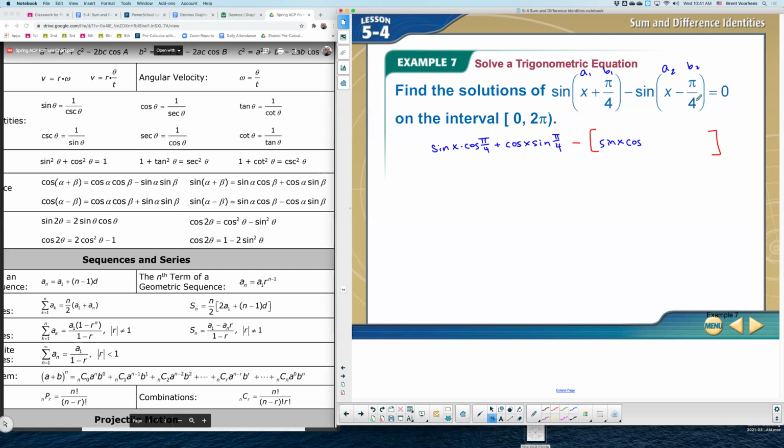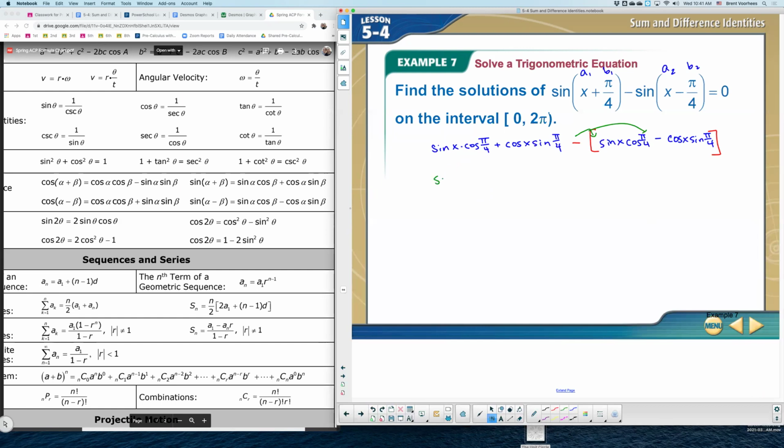I don't distribute the negative, I just treat it as the positive. Pi over 4 minus cosine A, cos x, sine B, sine pi over 4.